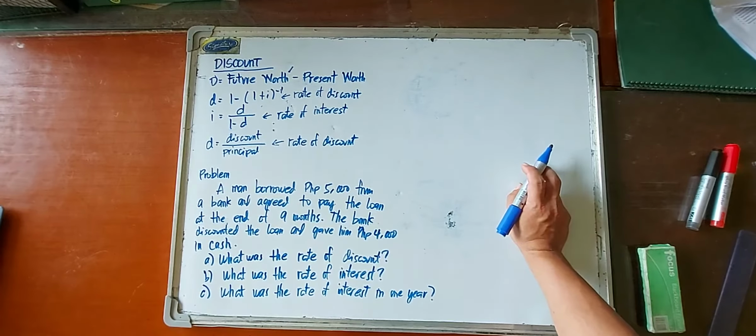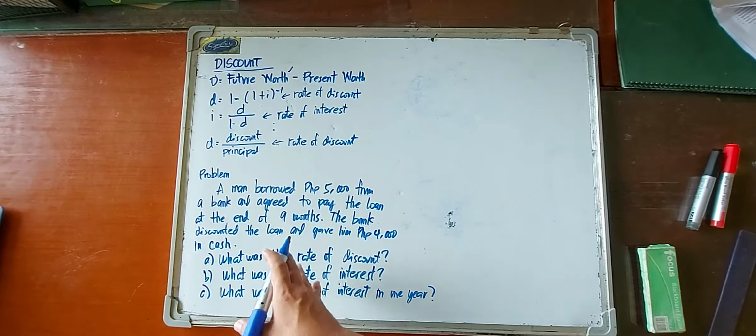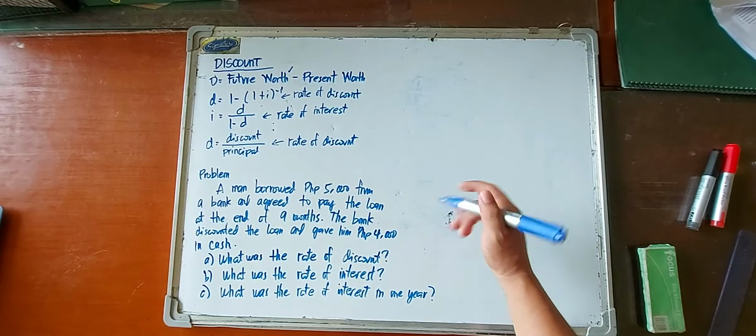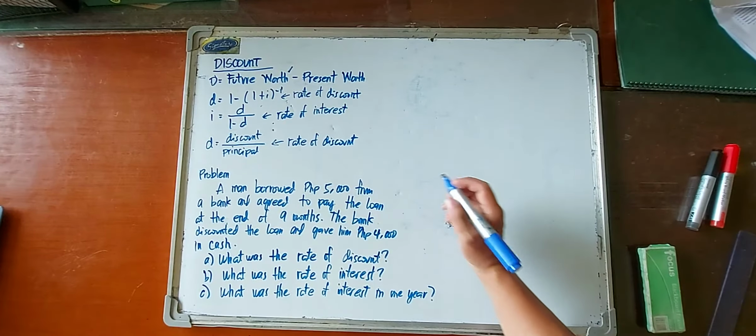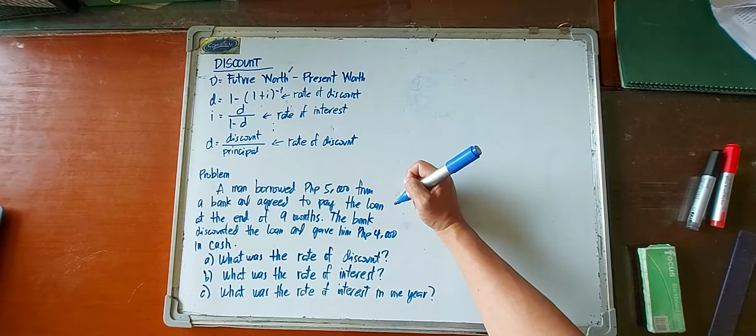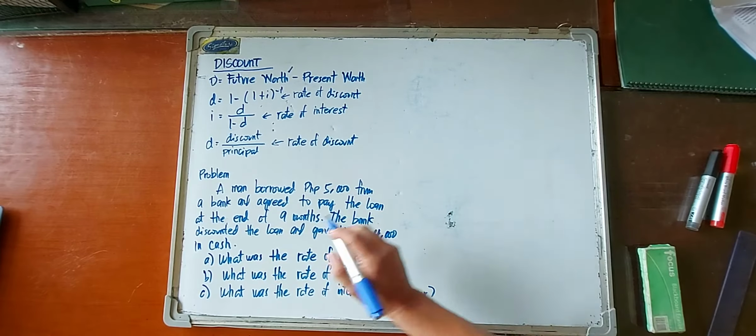Okay, so let's try to solve an illustrative problem to illustrate how to compute for discount and other related concepts. A man borrowed 5,000 from a bank and agreed to pay the loan at the end of 9 months.